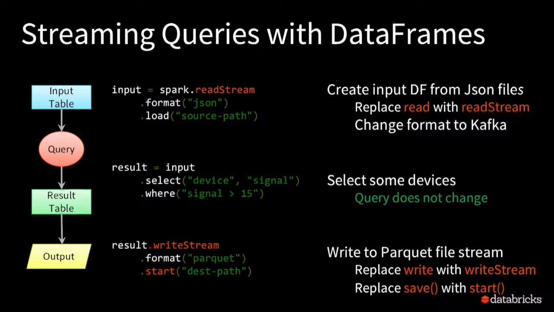Instead of writing it once, you want to write a stream of outputs as Parquet, and instead of just running it once, you say start, and keep running it continuously in the background. So these are the only few things that need to change. But the key idea is that your actual query operations do not need to change at all.